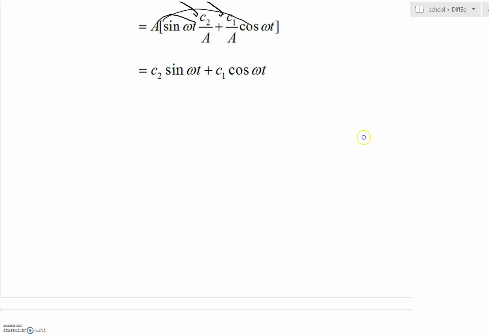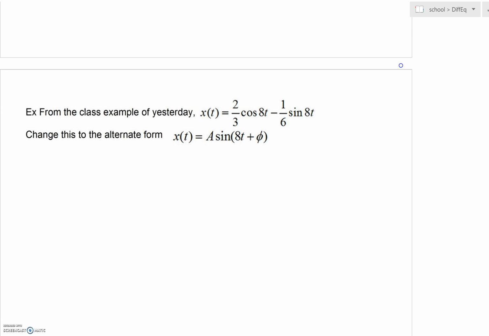So let's very quickly jump to our equation that we came up with yesterday. We're not going to have to resolve it. Thank goodness. We're just going to be able to very quickly see that we have a c1. Remember, x was equal to c1 cosine of omega t plus c2 sine of omega t.